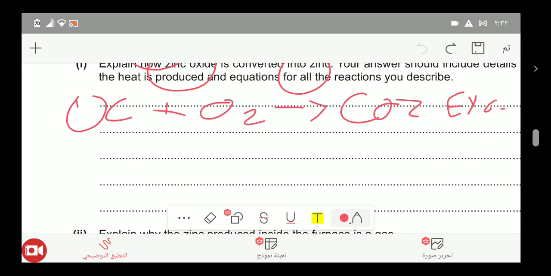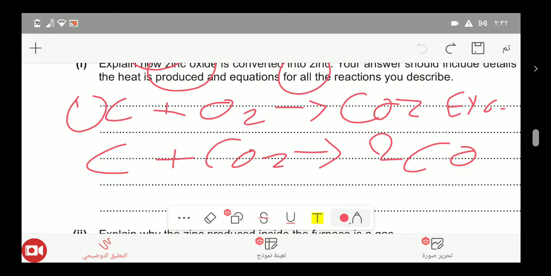The second mark: carbon again will react with carbon dioxide, CO2, to give us 2CO, two molecules of carbon monoxide.